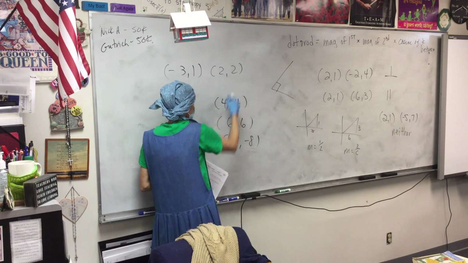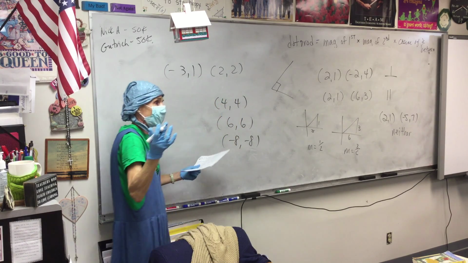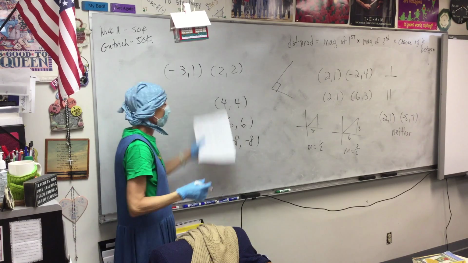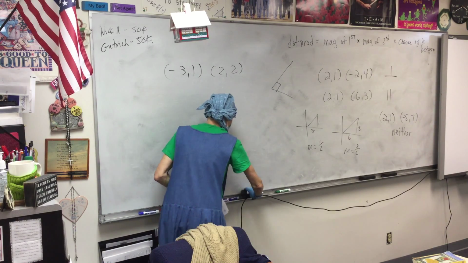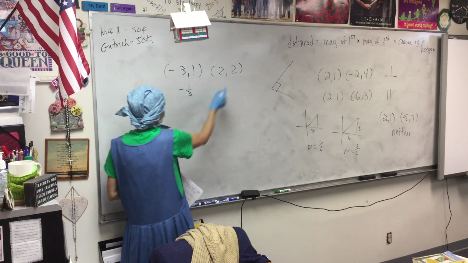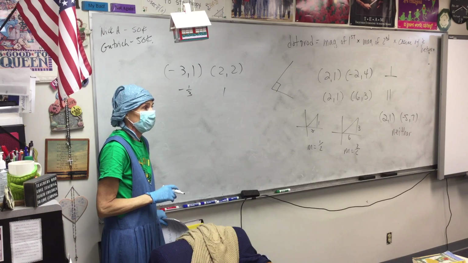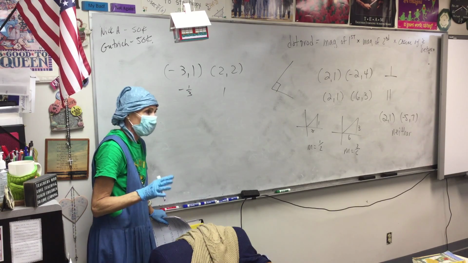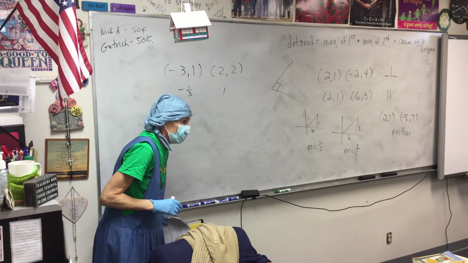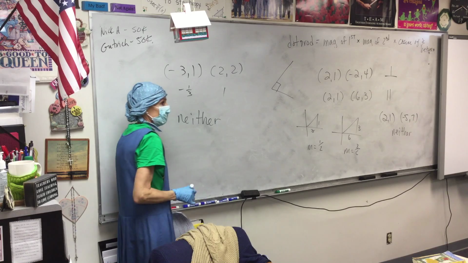Take this times something. Is there any way you can take this times something and get that? No. These are not parallel. They are not multiples of each other. The slope of this one is negative 1/3 and the slope of that one is 1. They are not parallel to each other. What is their dot product? I don't know, but it isn't 0. So this is another example of a neither.